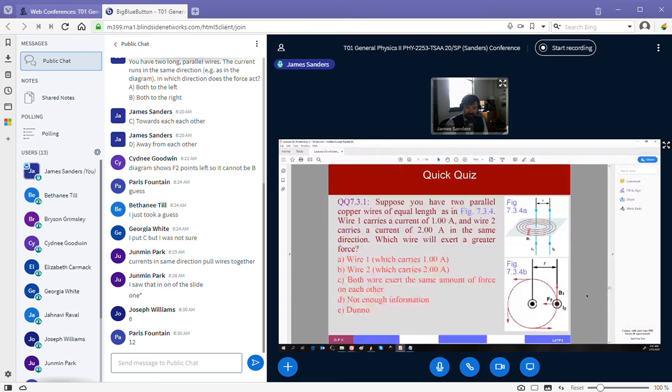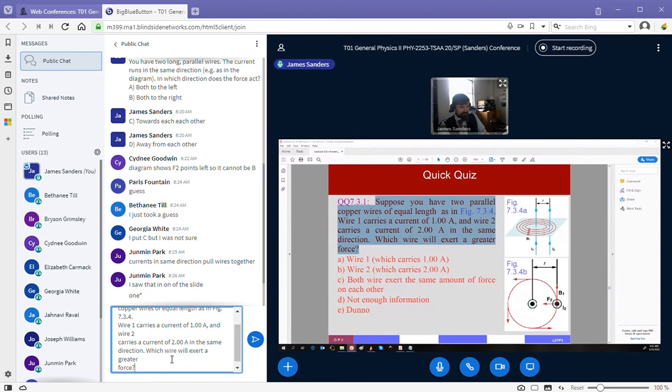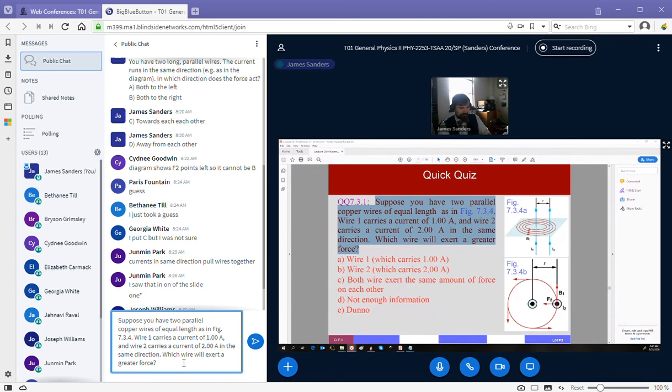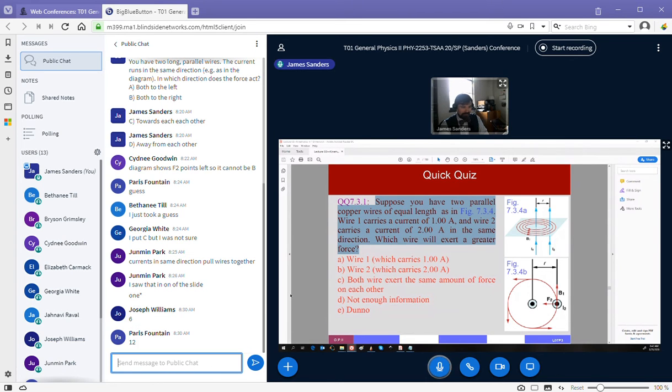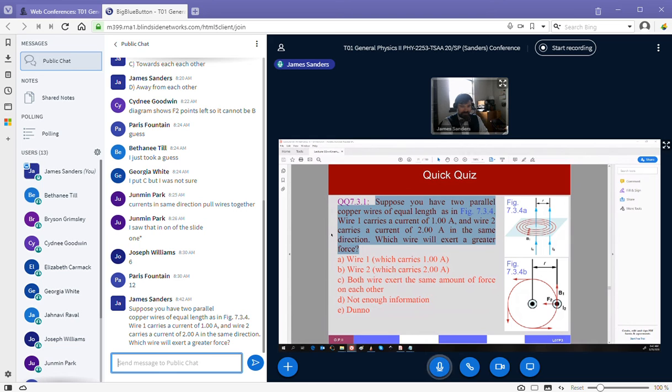Instead of having the same current for both wires, what if we decided to do different amounts of current for both wires? All right, so I'm going to copy and paste this over to the text so that you have it when I start the poll. Okay, so here's your question setup.